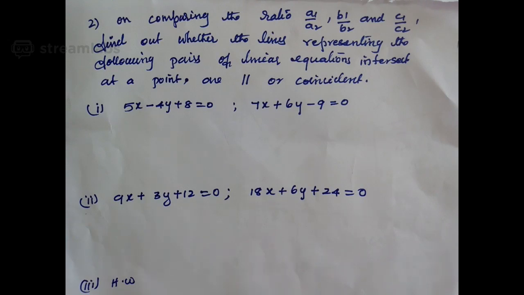I said for intersecting lines, the condition is A1 by A2 is not equal to B1 by B2. For parallel lines, the condition is A1 by A2 is equal to B1 by B2 is not equal to C1 by C2. And for coincident lines, A1 by A2 is equal to B1 by B2 is equal to C1 by C2. Now let us check the first question.